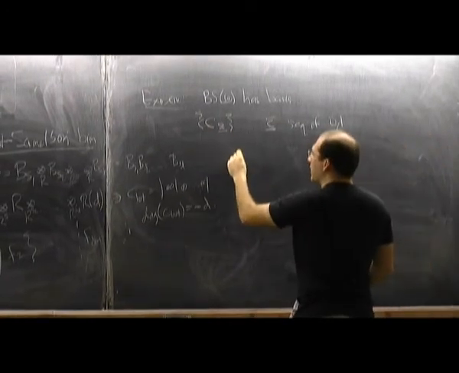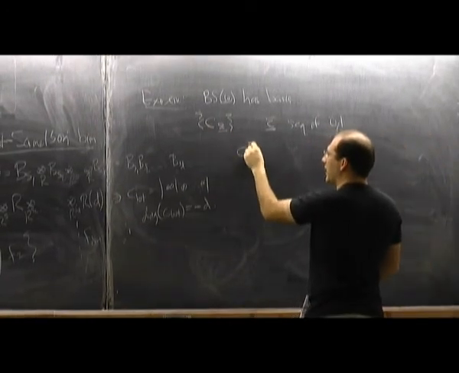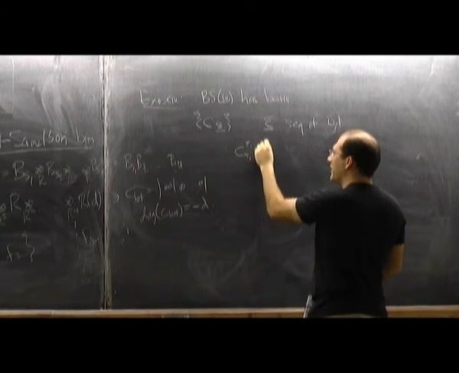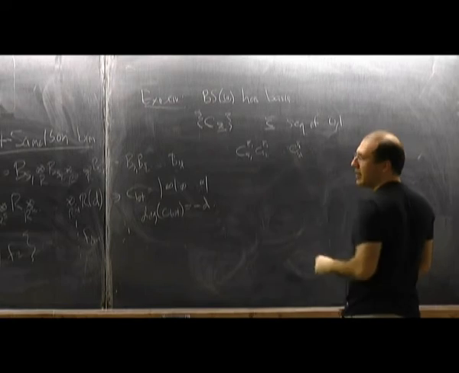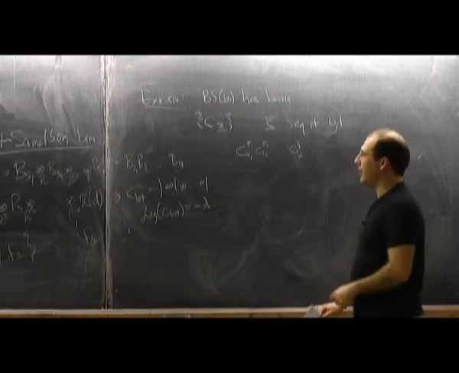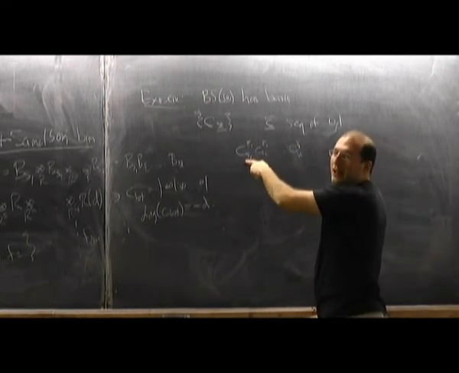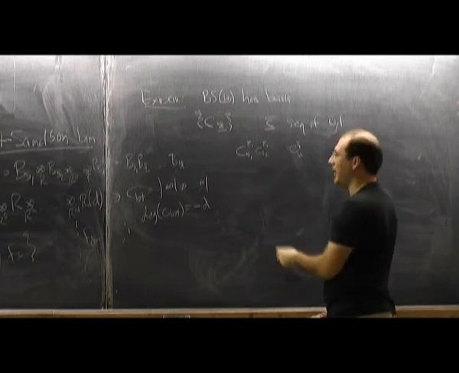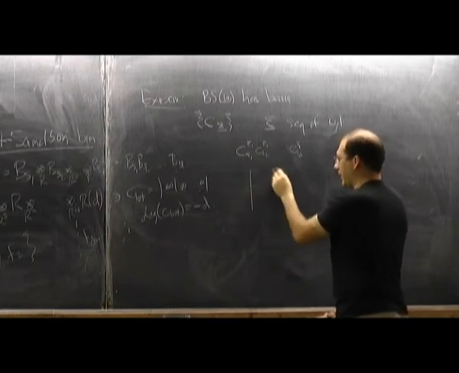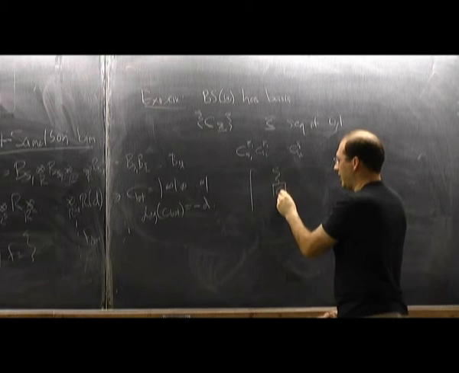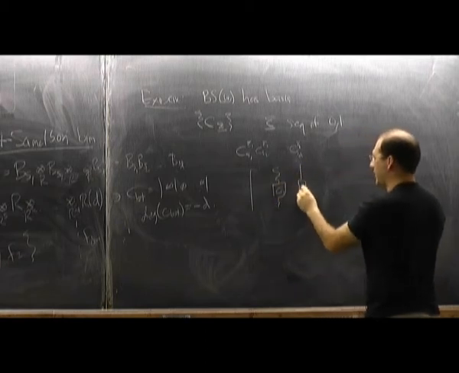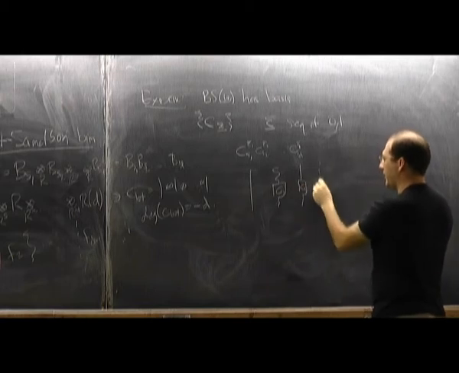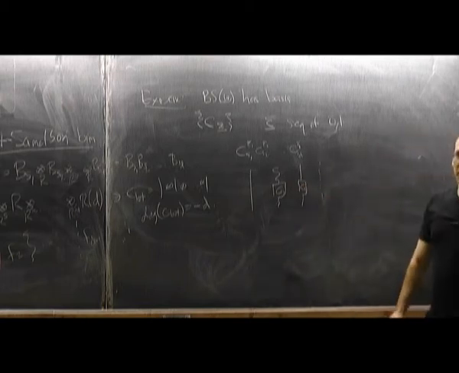And C sub epsilon will be CS1 to the epsilon 1, CS2 to the epsilon 2, CSD to the epsilon D. By which I mean, you either put 1 tensor 1 in that slot or you put CS in that slot. So something like CS2, CS3, something like that.